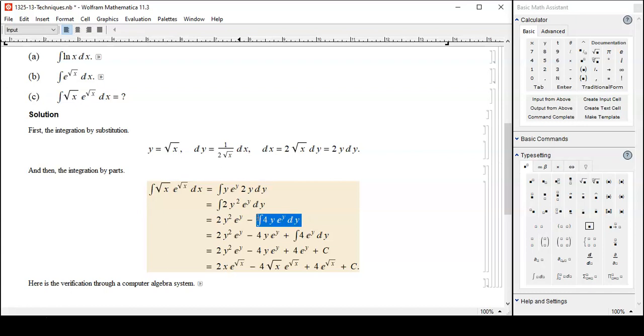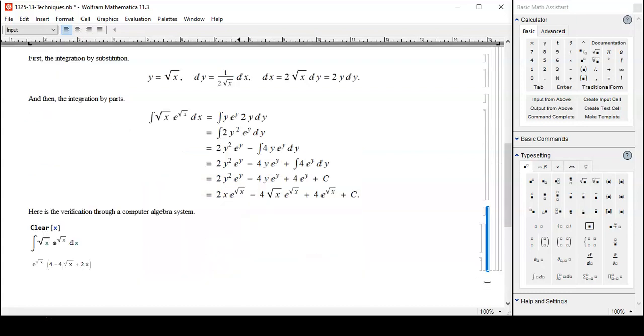And then we have another integration by parts because we have polynomial times exponential. u is 4y, v prime is exponential. So u prime here and then v there. This minus changes sign, so minus minus plus. And the antiderivative of this is e to the y like this, and we get the answer like that.